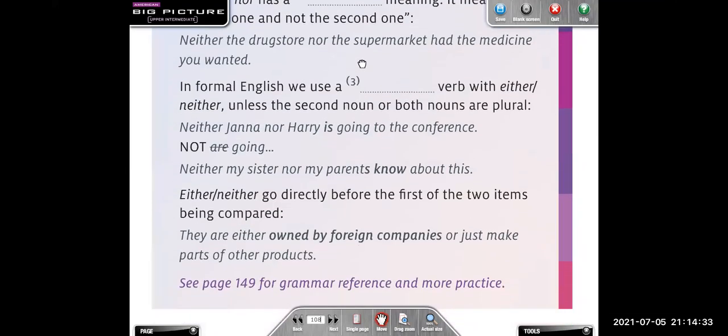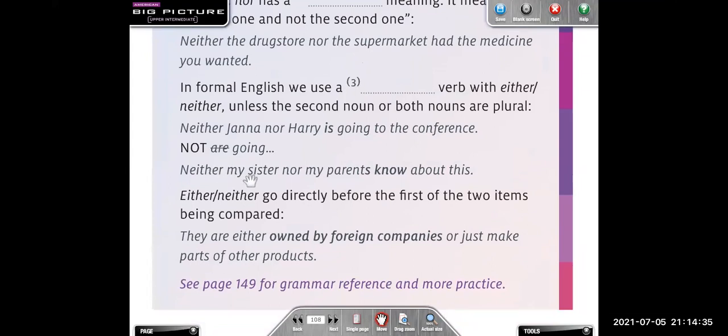Let's see here. Another example, neither my sister nor my parents know about this. Okay, so here we have the plural verb because here we have a plural, right? That's why we have know, the verb for the plural. Then we have either or neither go directly before the first of the two items being compared.